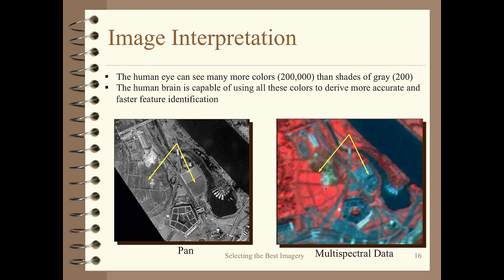But anyway, remember, we can distinguish lots more colors than we can gray. And here's where we have this near infrared coming in, and so we can see that this field is actually healthy and growing. That's why it's this magenta color, whereas this field hasn't been planted yet. It's fallow still. If I visibly look at that in the panchromatic, I don't see any difference, but I've traded off a little spatial resolution to have a few more wavelengths.